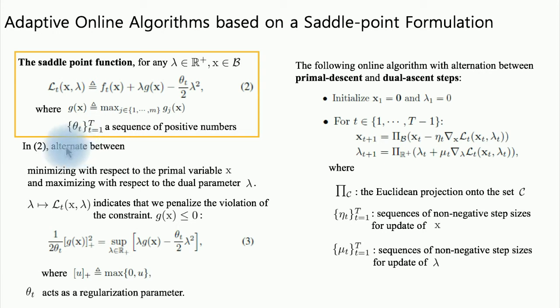In the saddle point formulation, we alternate between minimizing with respect to the primal variable x and maximizing with respect to a dual parameter lambda.